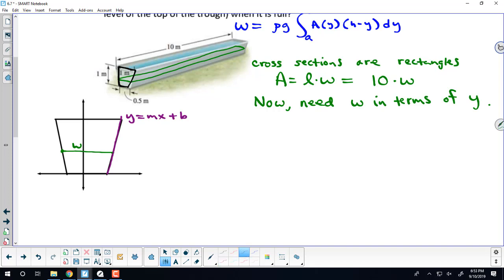Something running in the horizontal direction has length equal to the right function minus the left function. Since it's symmetric with respect to the y-axis, the width is just 2 times the right function minus 0, or just 2 times the right function.